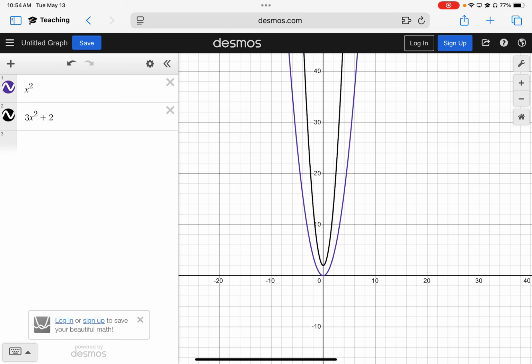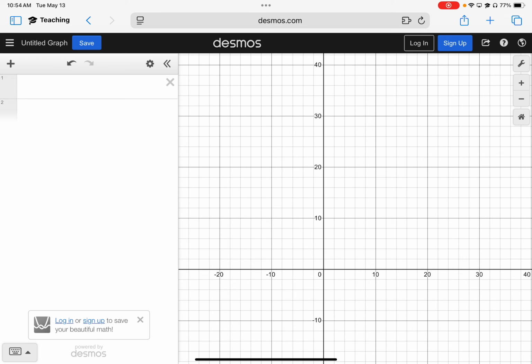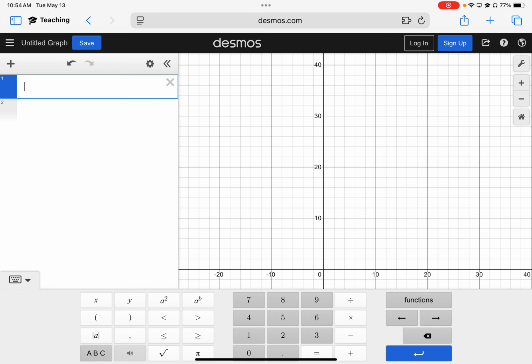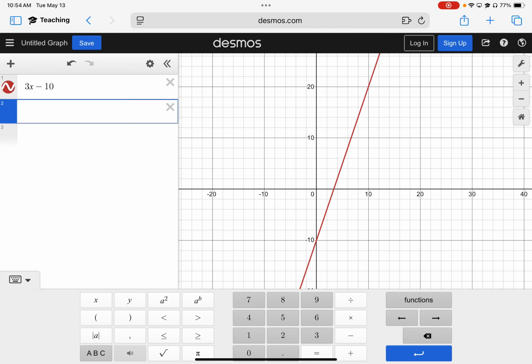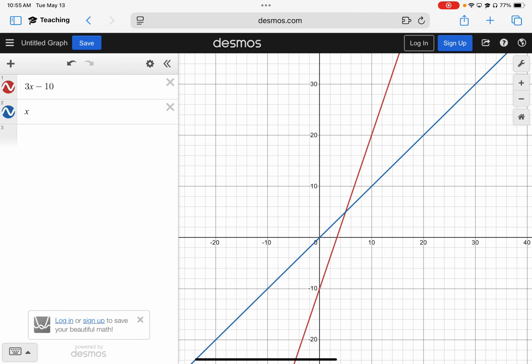I'm going to try and think of a better one. Okay, so this time we're going to say that 3x minus 10 is in big O of x, or n, whatever letter I used.